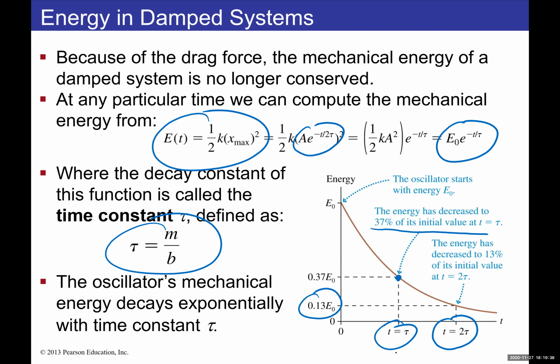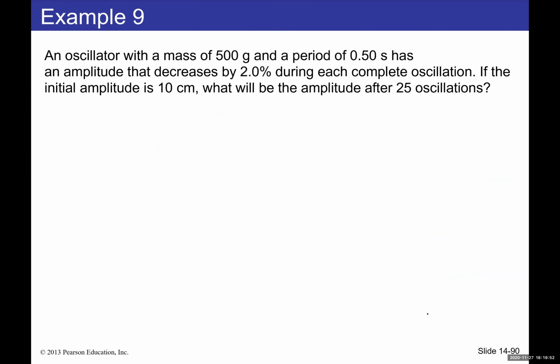So at time tau, 63% gone; at 2 tau, 87% gone. It gives you a way of calculating the amount of energy that you have left.